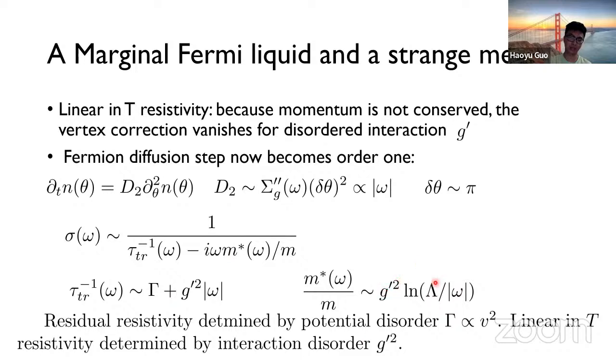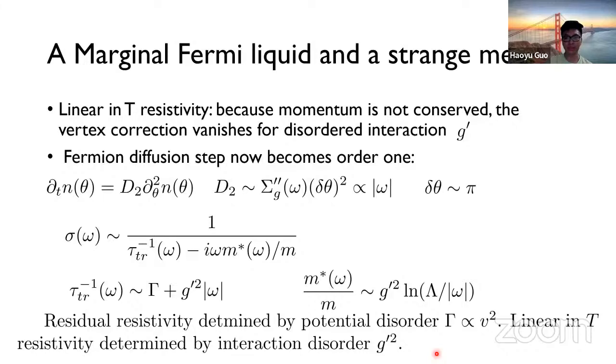There is also a logarithmic in omega part, which is a normalization of the i omega term, and also logarithmic corrections in the Mitchell and all. So in this model, the residual resistivity is given by the potential disorder, which is V squared, and the slope of the linear resistivity is given by a different sort of disorder, which is G prime squared.